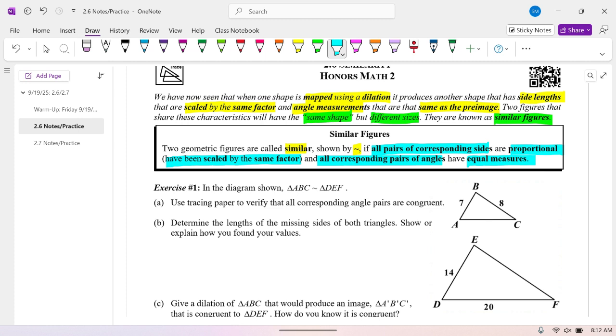So piece of something, what's another name for that? Fraction. All right, so proportional means fraction or ratio. It's a ratio of each other. So in other words, with the warm-up today, the proportion for the sides would have been 3/2.